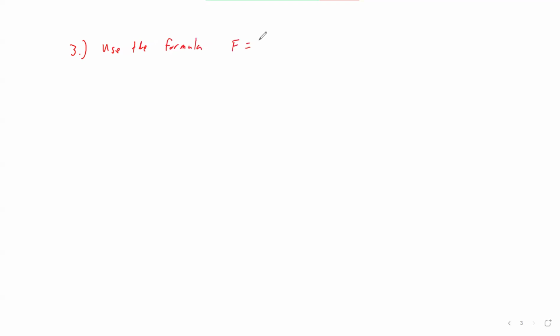F equals K times A times V squared. This looks like a physics problem. I'm going to go with force, constant, altitude maybe. I don't know, but that's not the point. It's going to then tell you what everything is.